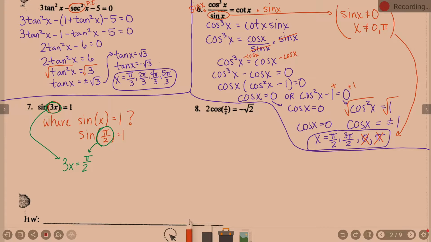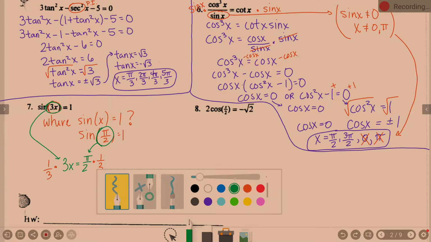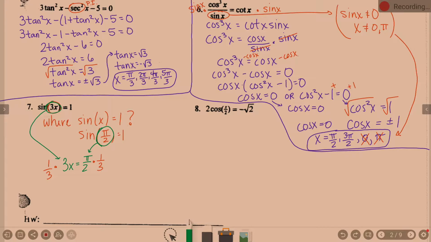I don't much care for dividing by 3 when I'm going to have a fraction involved, so I would say dividing by 3 is the same as multiplying by 1/3. So then our 3 and 1/3 cancel. X equals pi over 6.